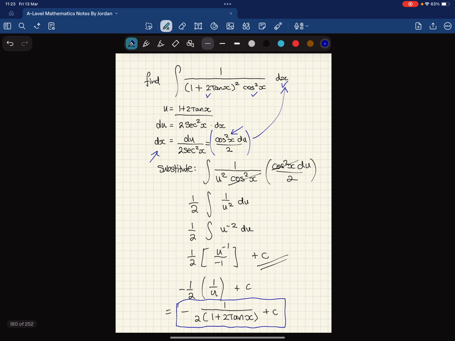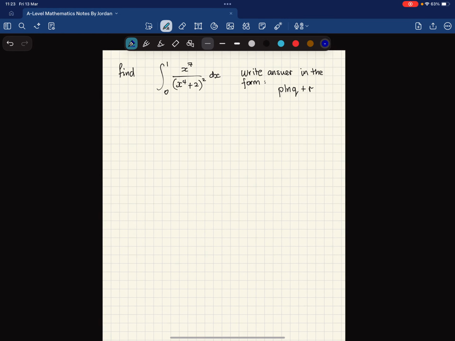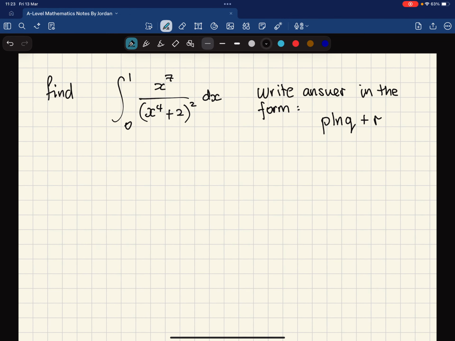Cool. Let's move on to the next one. So here's another one. Obviously this time we have limits, as you can see. Those will need to be changed in terms of u. And we've also been asked to write the answer in this form with a log natural.